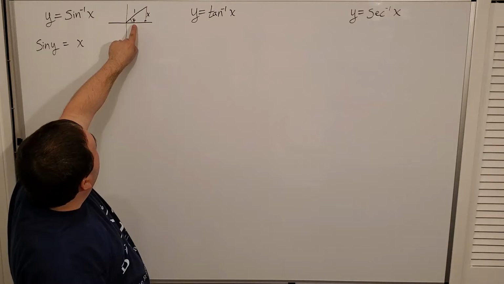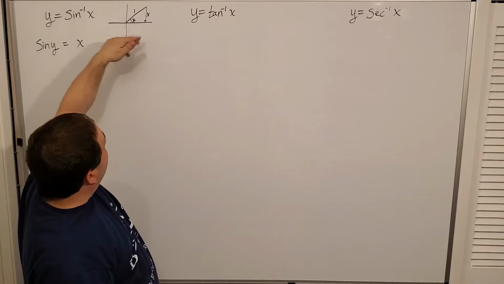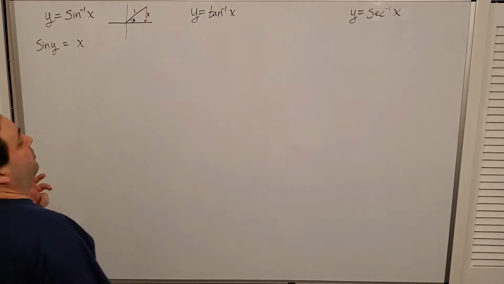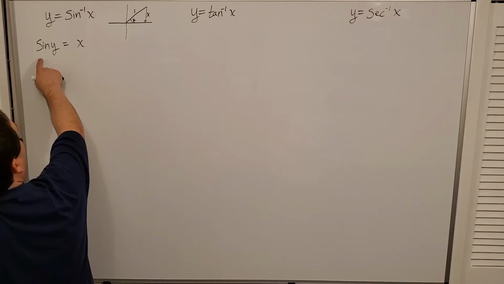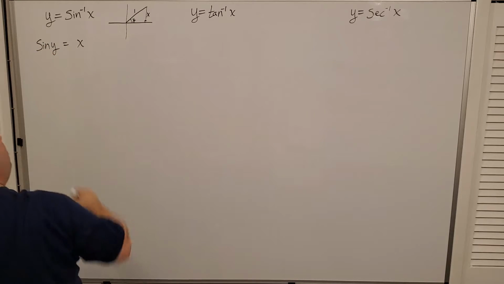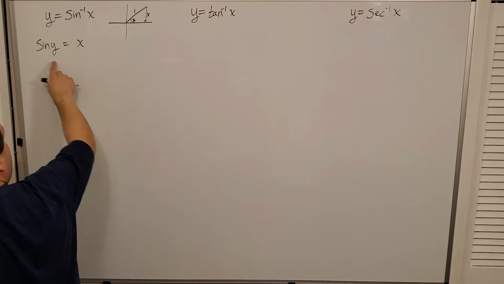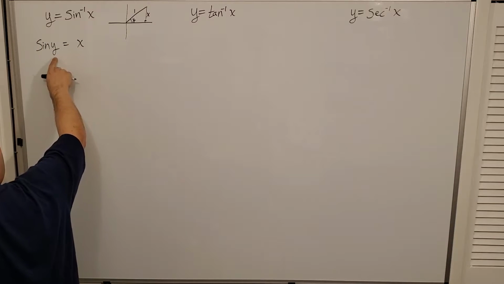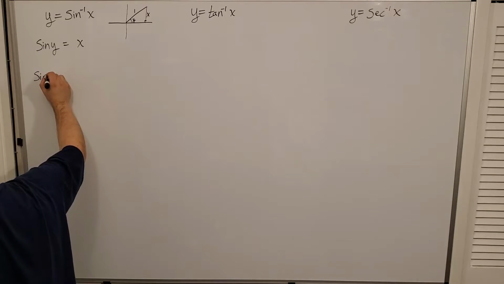And you may notice that that's the way I have this set up here. The sine of angle y is equal to x over 1. And that could actually be for any quadrant. It's just that I set it up in the first quadrant there. So sine of y is equal to x. Now take your derivative on both sides here. Do it implicitly. Remember, when we hit something with the derivative of y, I have to do it implicitly.